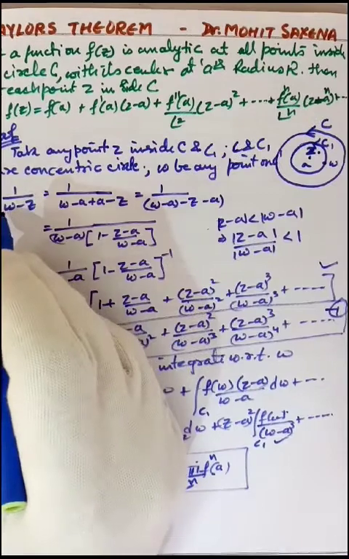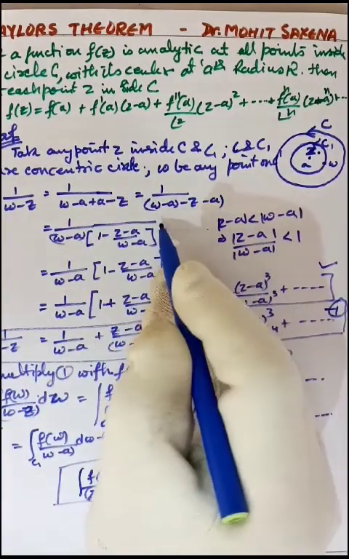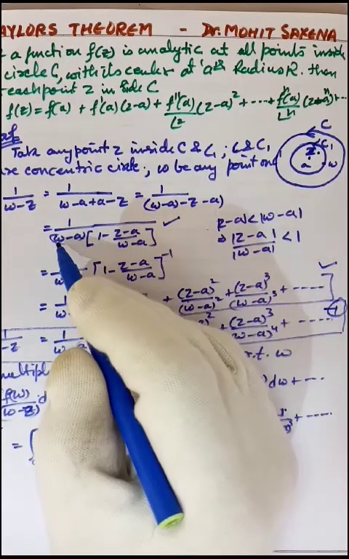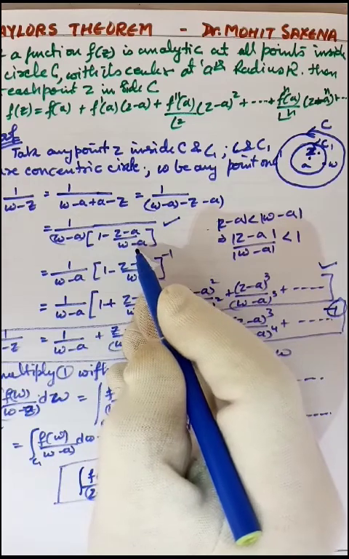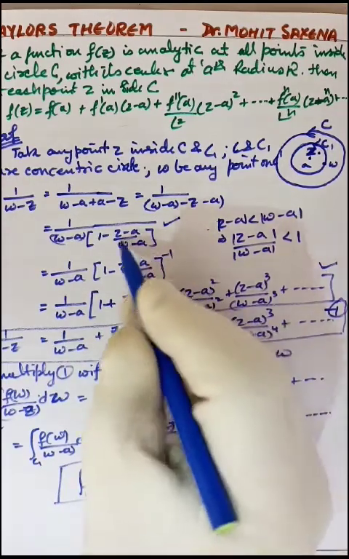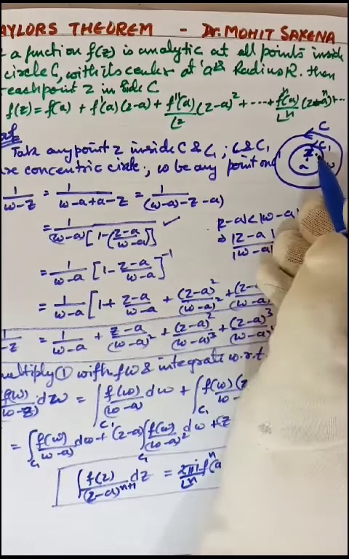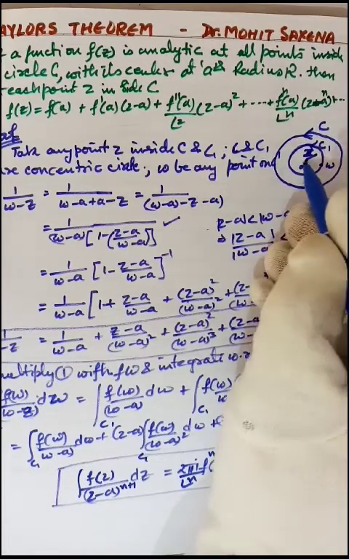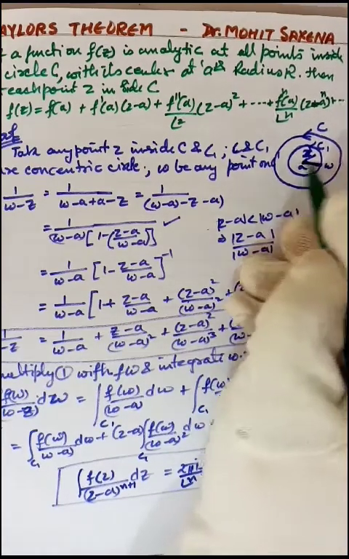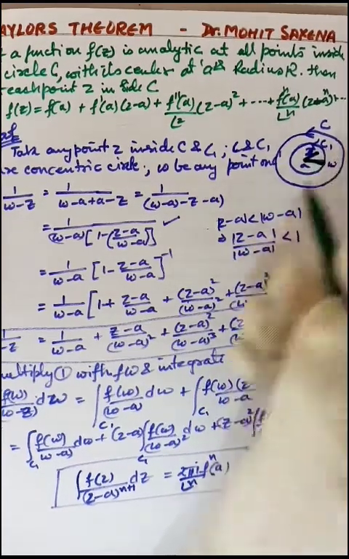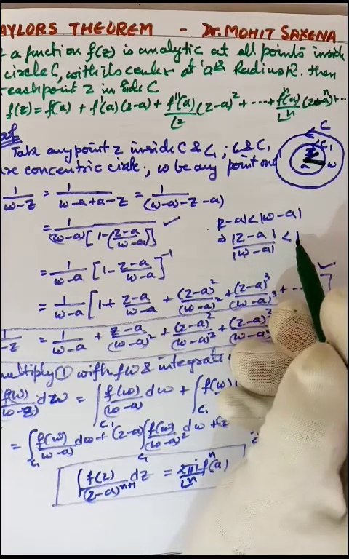Then 1 upon (W minus Z) can be represented as 1 upon (W minus A) within bracket 1 minus (Z minus A) upon (W minus A). Now this (Z minus A) upon (W minus A) is less than 1 because Z minus A is this distance and W minus A is this distance.